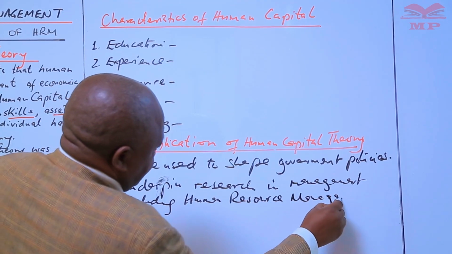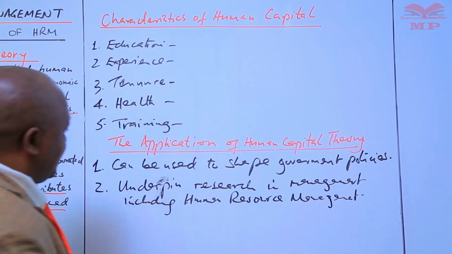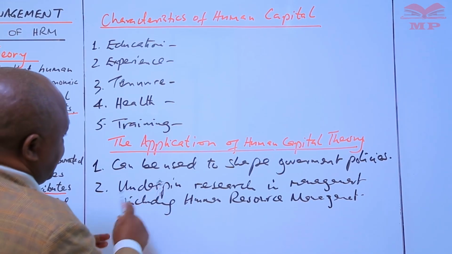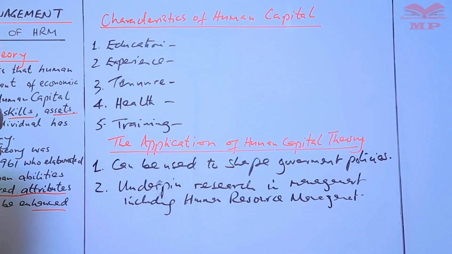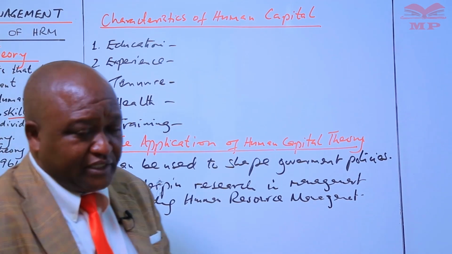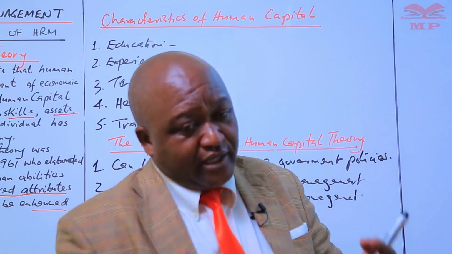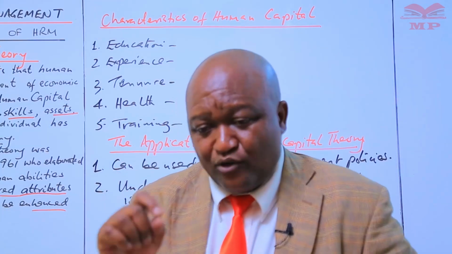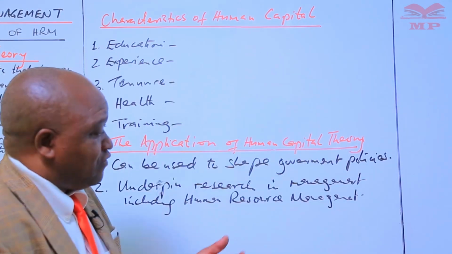If you look at studies that are being done, these studies which inform decision making, the human capital theory can inform studies being done in the management area in general and in the human resource management area in particular, to assist organizations make informed decisions.